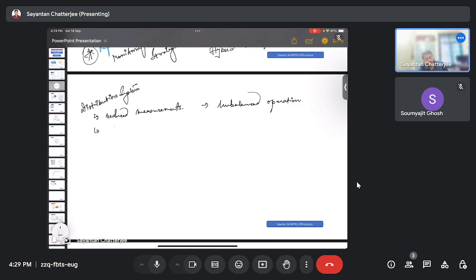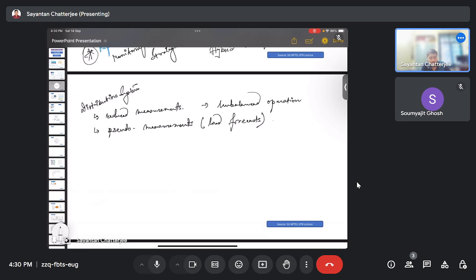Also we have pseudo measurements, which are load forecasts.